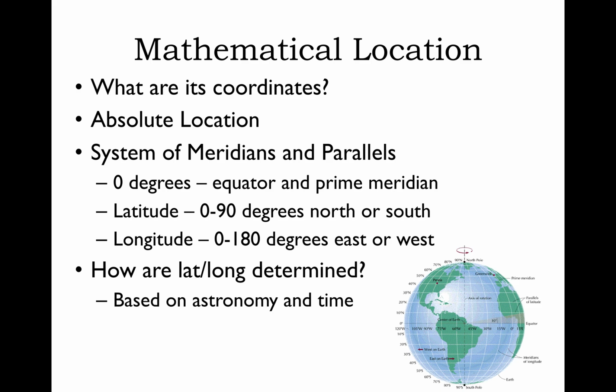That is an invisible line that was created during European colonial dominance. And then we also have an equator, which cuts the globe into the northern and southern hemispheres, 0 to 90 degrees in the north and 0 to 90 degrees in the south. The prime meridian does the same with lines of longitude, which are also referred to as meridians, and the meridians divide the eastern and western hemispheres.